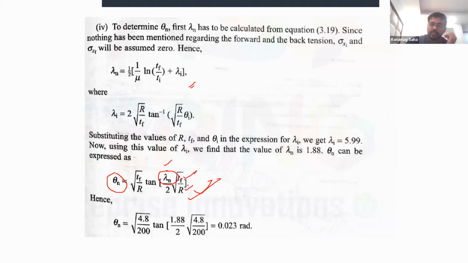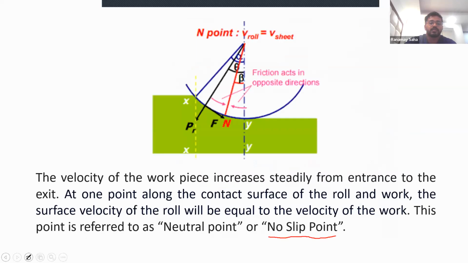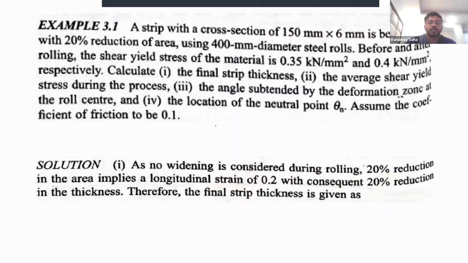You find lambda I corresponding to theta I, and then you put in the lambda I value here. You know TF, TI, friction coefficient. You can find out lambda n, right? So you plug this lambda n back here to find the location of your neutral plane. Once that is found out to be 0.023 radians, that completes your question, isn't it? The location of the neutral point theta.